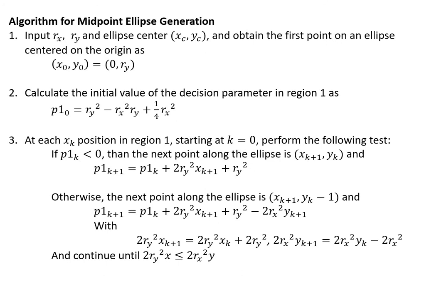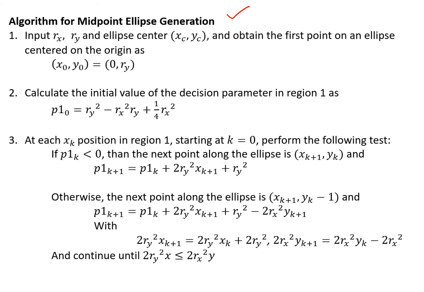Now, an algorithm for midpoint ellipse generation. This is what you have to remember. Input rx, ry and ellipse center xc, yc, and obtain the first point on an ellipse centered on the origin as (x0, y0) equals (0, ry). Calculate the initial value of the decision parameter in region 1 as p10. This is the formula that we already gave.